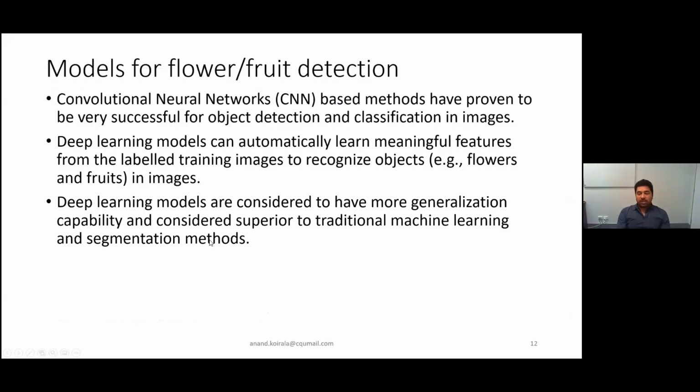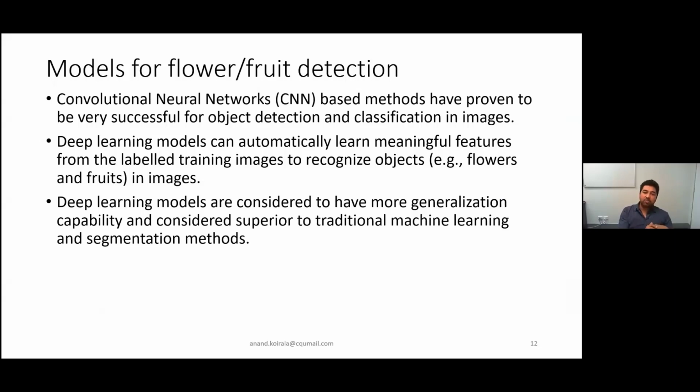The models we have used for flower and fruit detection are deep learning models. We have designed our own model that's based on the YOLO framework. If you know it, that's an object detection framework. It's really fast, and it's a one-shot object detection model. Convolutional neural networks have proven themselves to be very effective and successful for object detection and classification tasks, especially for images.